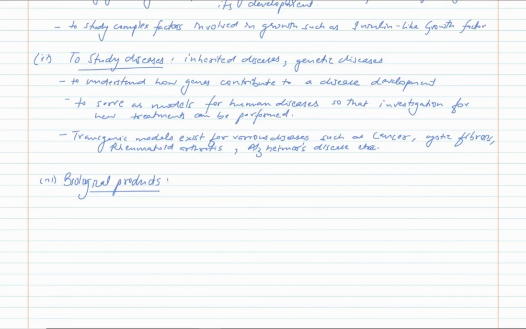Transgenic animals that produce biological products can be created by introduction of a portion of DNA which codes for a particular product, such as alpha 1 antitrypsin, which is used to treat emphysema.